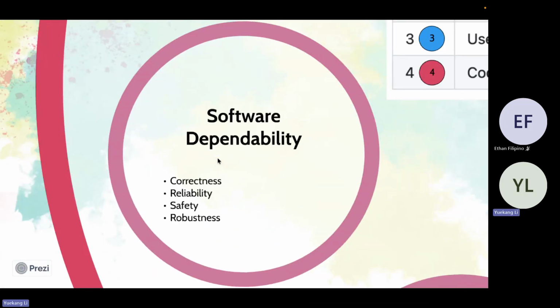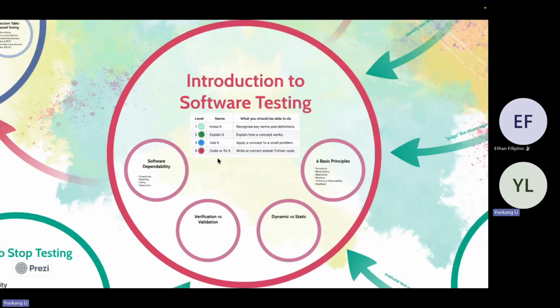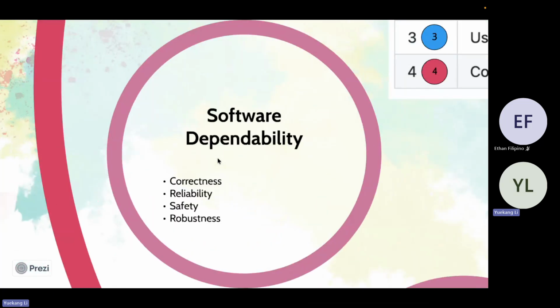Let's start. At the very beginning of this term, we learned the introduction to software testing, and we started from the concept of software dependability. What we want is to eventually build dependable software. Software dependability is made up of 4 different properties: correctness, reliability, safety, and robustness.